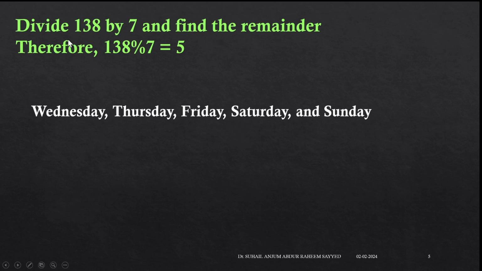Now you have to divide 138 by 7 and find the remainder. We know that 7 multiplied by 19 is 133, and if you subtract 133 from 138, the remainder after dividing 138 by 7 will be 5.